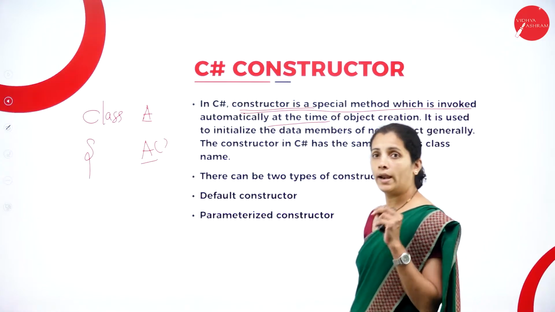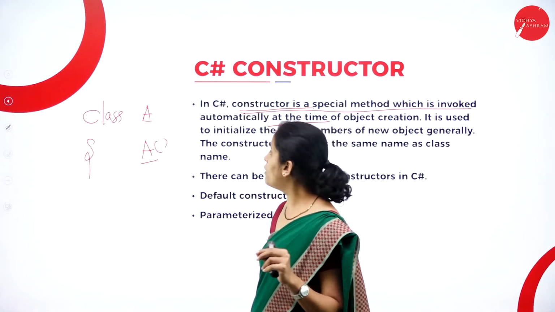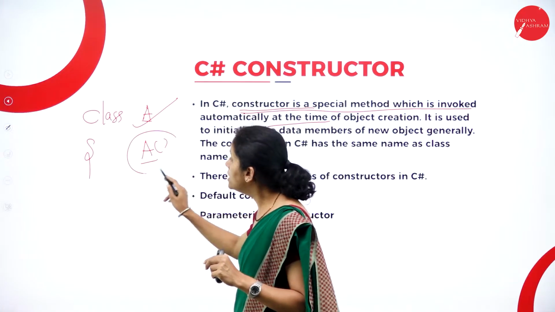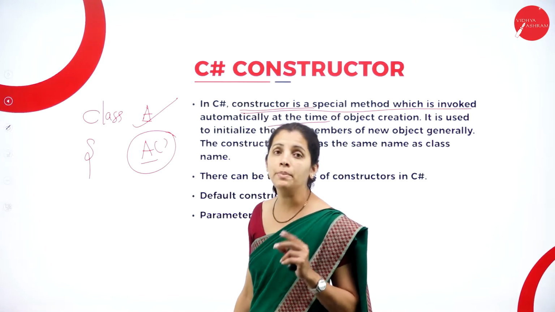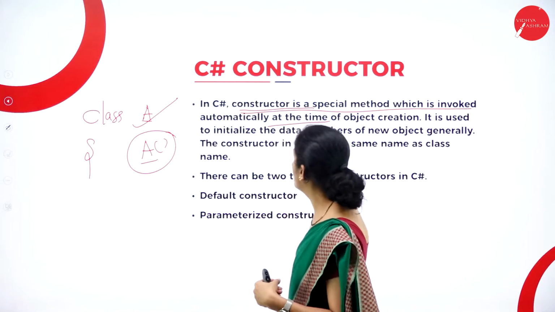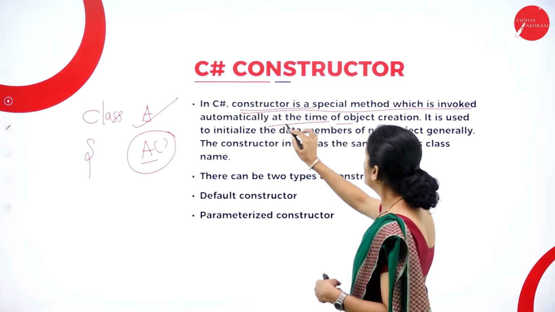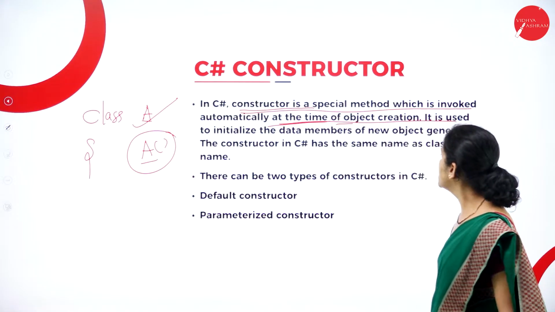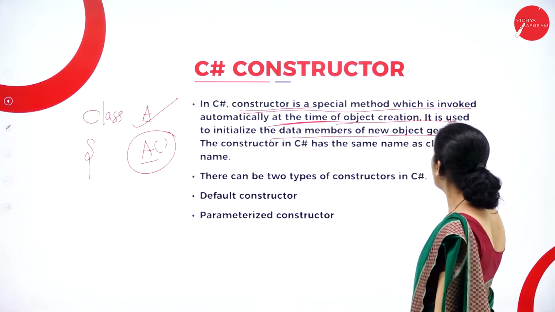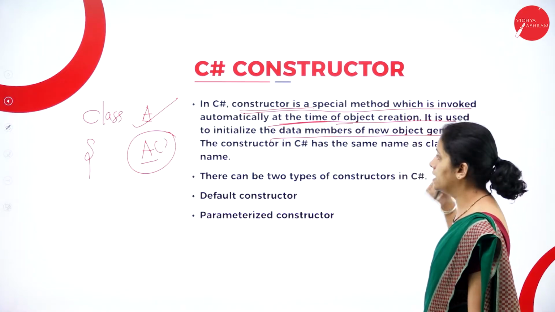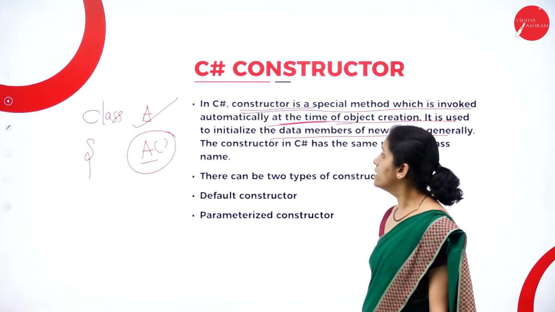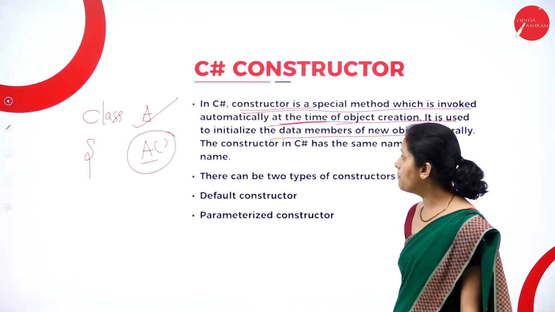That means when I create an object for class A, this particular constructor named A is going to be triggered or invoked. At the time of object creation, it is used to initialize the data members of the new object. So constructors are mainly used to initialize the data members.